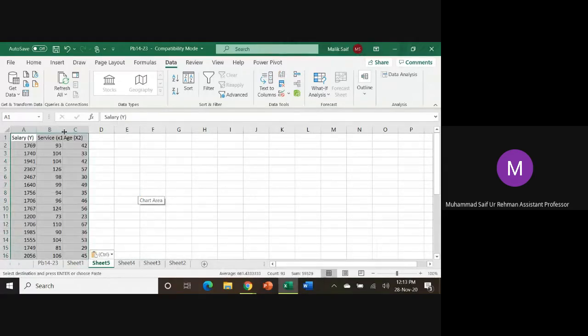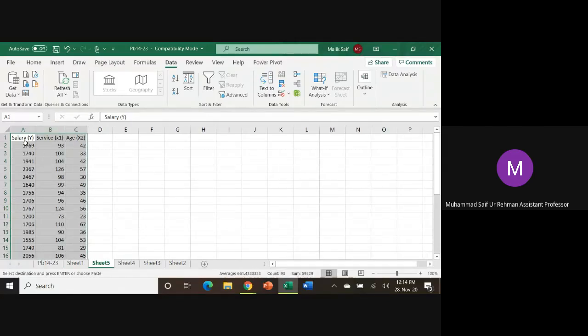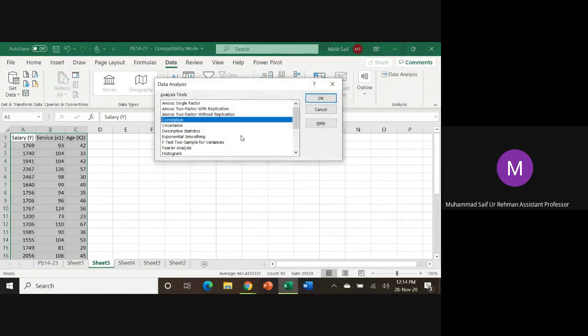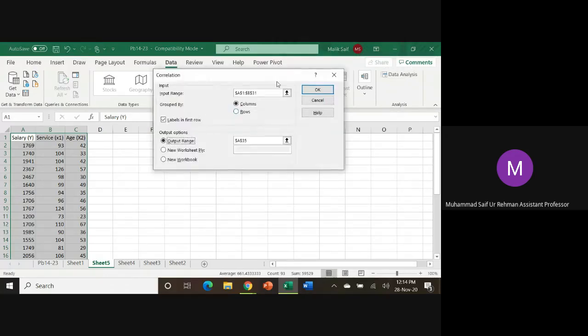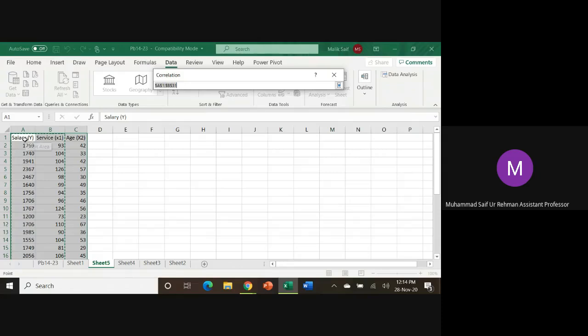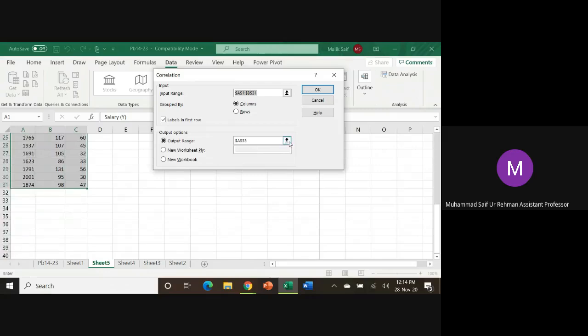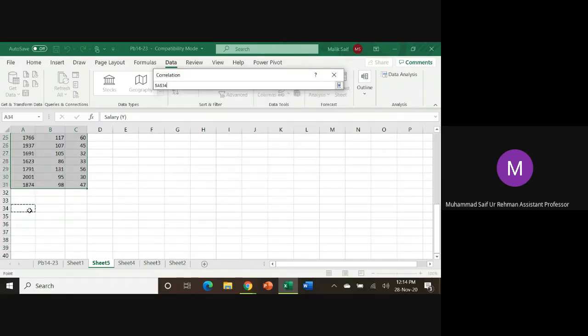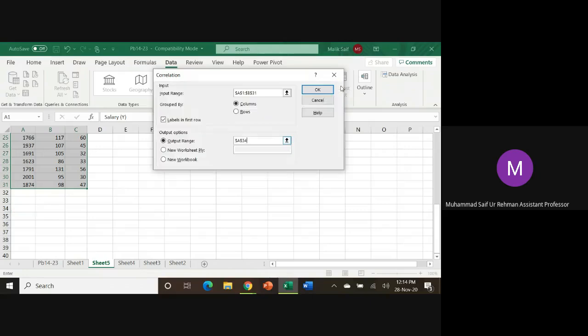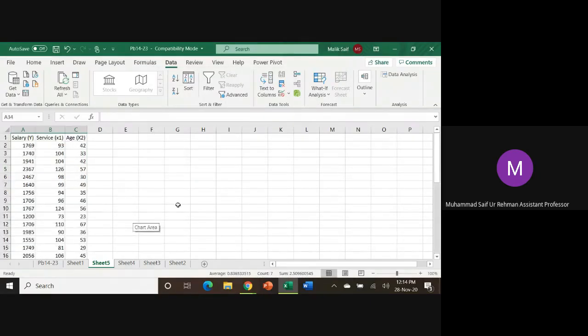Okay, so now see which is strongly related with y. So यहाँ से आप जाएं data analysis में. Correlation. Yes, between these two. Output range दें इसको. ठीक हो गया. आगे आ जाए.